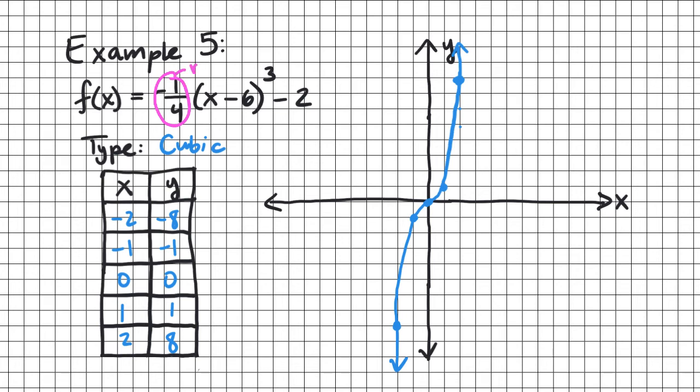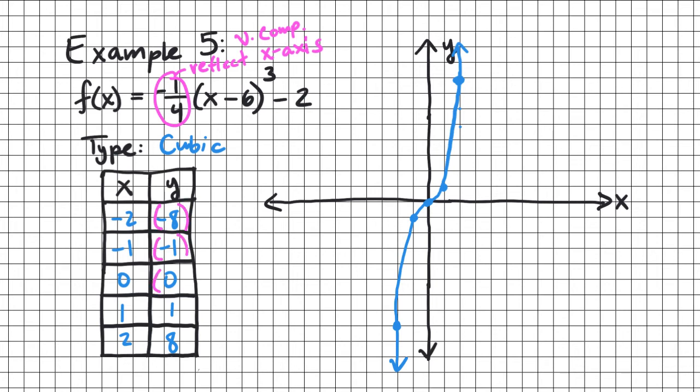The negative is a reflection on the x-axis, but it's also in combination with a vertical compression. Vertical compression of 1/4.